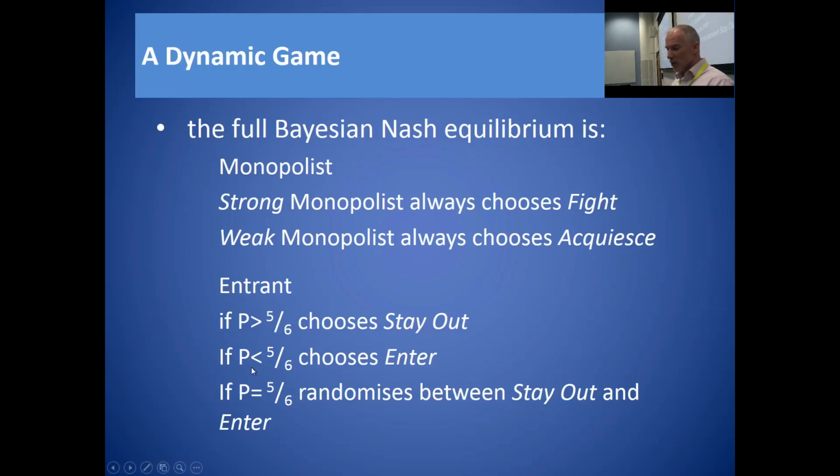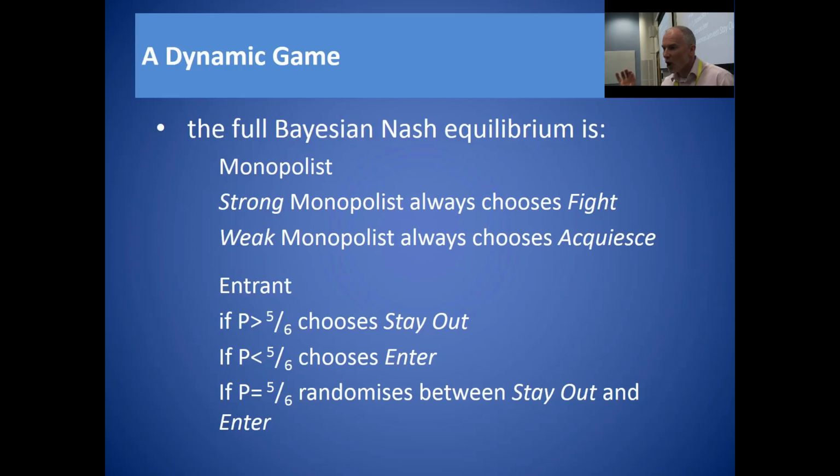And in the same way, whenever P was less than 5/6, so the monopolist is believed to have not invested in sunk costs, with that probability less than 5/6, the entrant will choose to enter. And then, when that perceived probability was exactly equal to 5/6, the entrant would randomise between staying out and entering, because the expected payoffs are the same. And so that there is the full Bayesian Nash equilibrium.